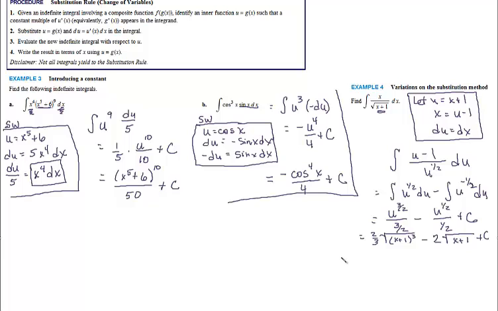Okay, what we'd like to do now is kind of make it look like their example. This is a fine answer, but we like to make it look like theirs.